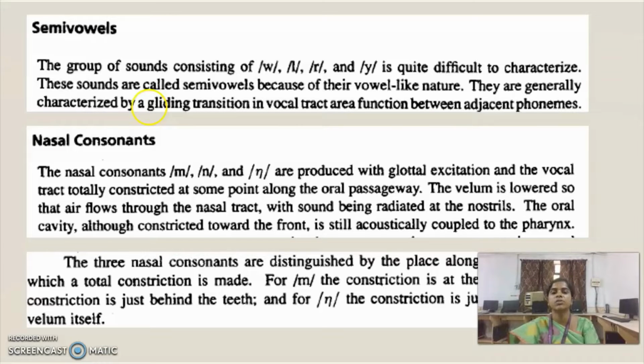Examples of semi-vowels include W, L, R, and Y. We do have nasal consonants such as M, N, ing, which are all produced by the glottal excitation when the vocal tract is constricted along the oral passageway. And we see that the velum is lowered for the air to be given way through the nasal cavity. So when the sound is being radiated through the nostrils or the nasal cavity, we get the nasal consonants.